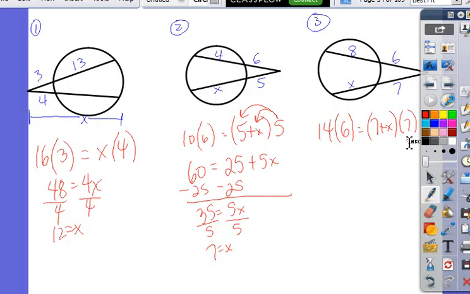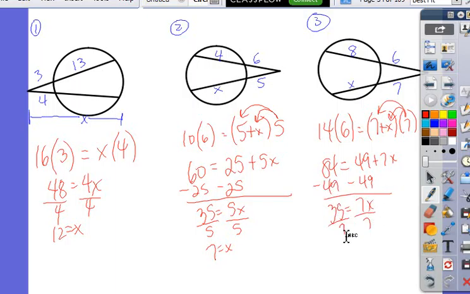So multiply that out: 84 equals 49 plus 7x. Remember, multiply both parts. Minus the 49. Get 35 equals 7x. Divide by 7 and get 5. Boom!